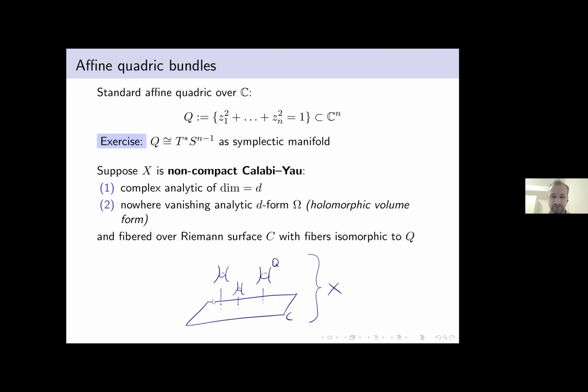This is a picture where the fibers are, the case d equals 2, I guess. For now, just ignore that there will be no special fibers; they'll come in a bit later. For now assume every fiber looks like this.